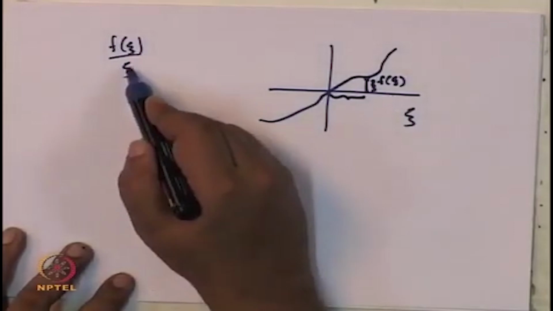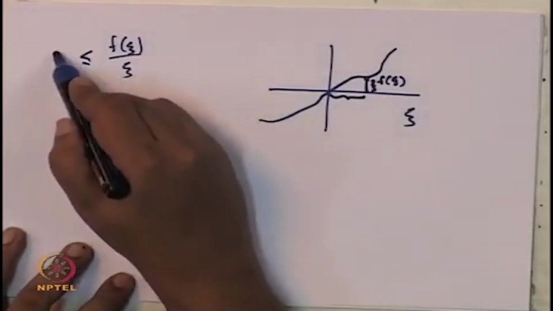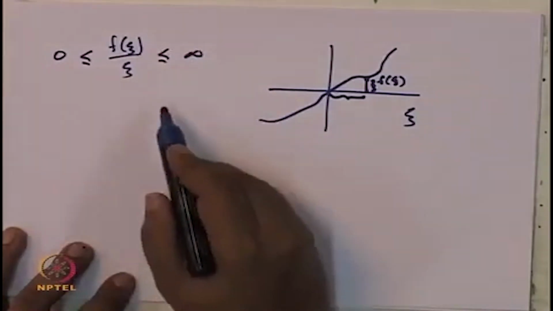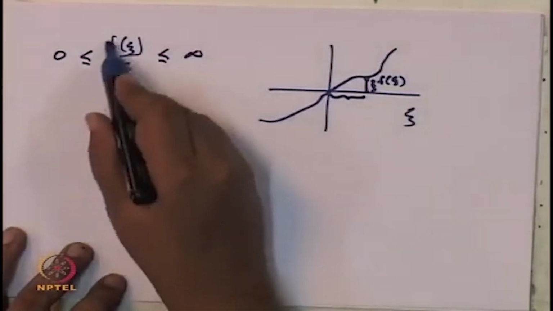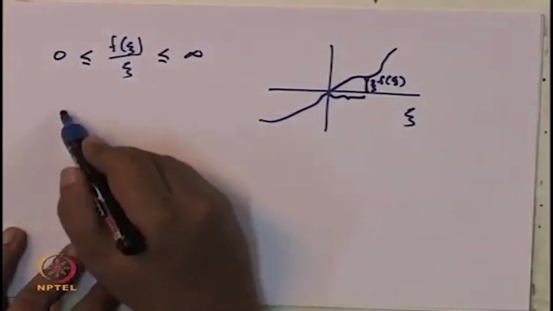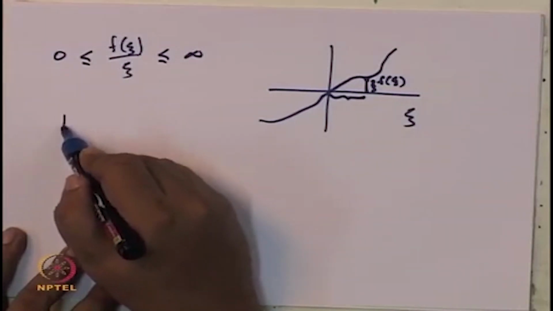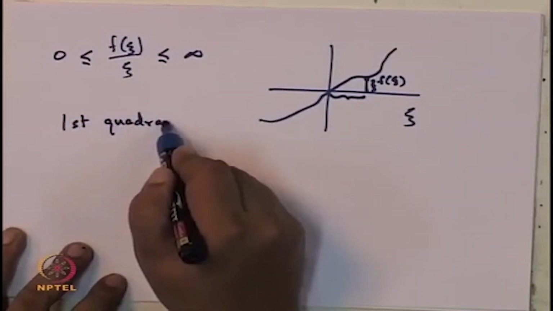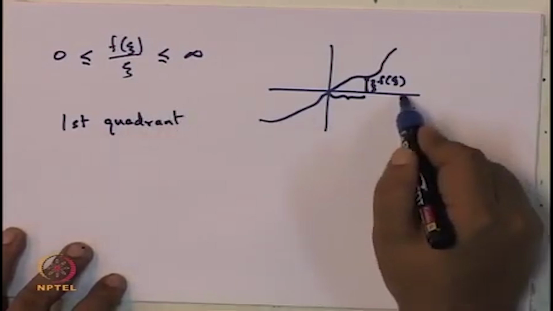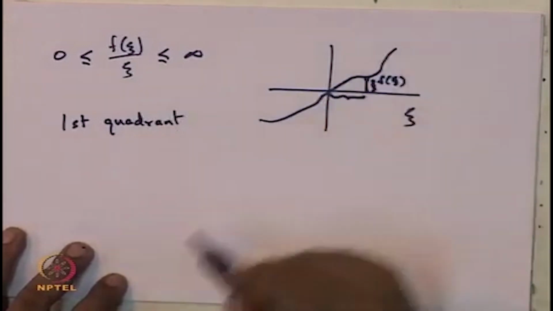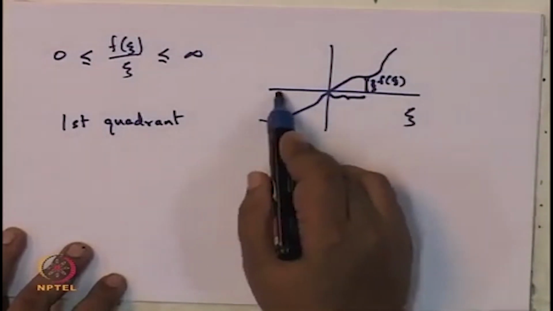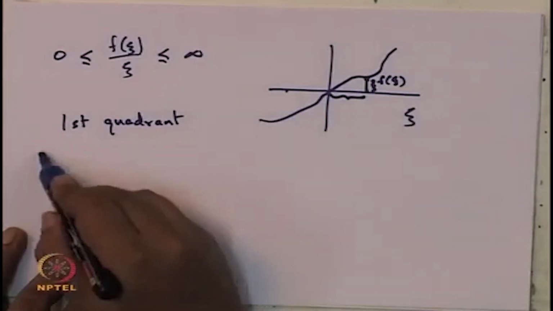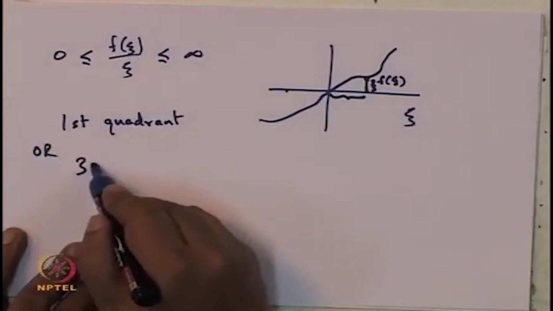So when you say f(xi) by xi lies between 0 and infinity, what you are saying is that the characteristics of this nonlinearity should lie in the first quadrant, that means when the input is positive, the output is positive, or the third quadrant, that means when the input is negative, the output is negative.